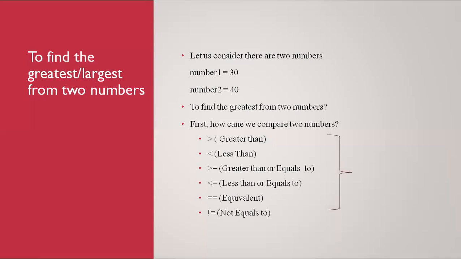In Java or any programming language, we call these the relational operators. These are the operators which we use to relate two numbers. By making use of these operators, we're going to put them in the condition, and then write the program for the same.